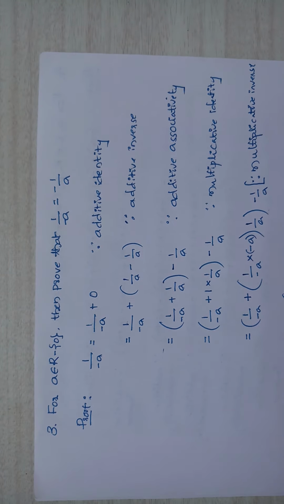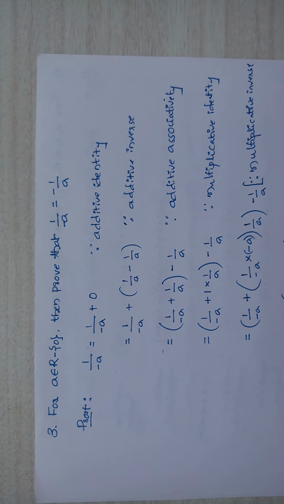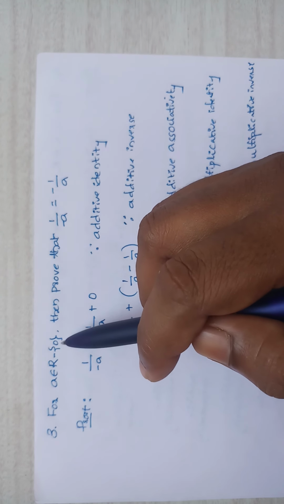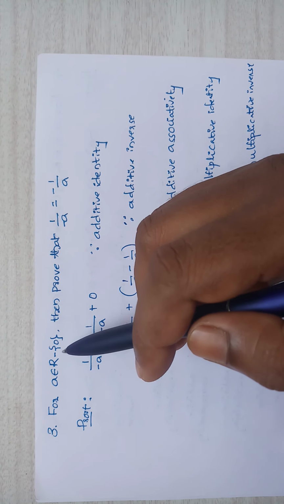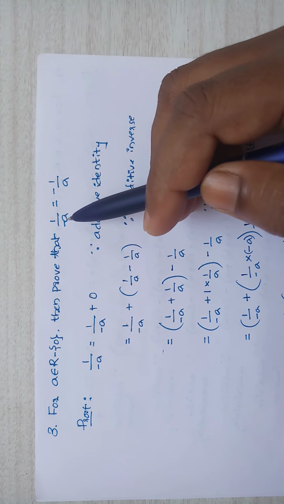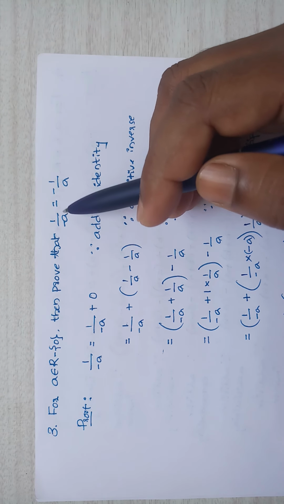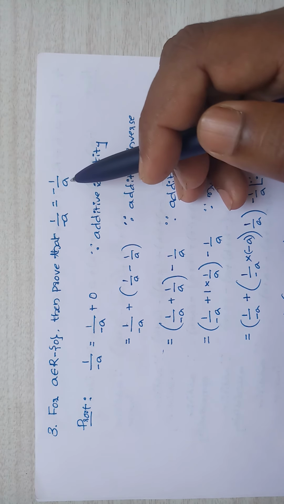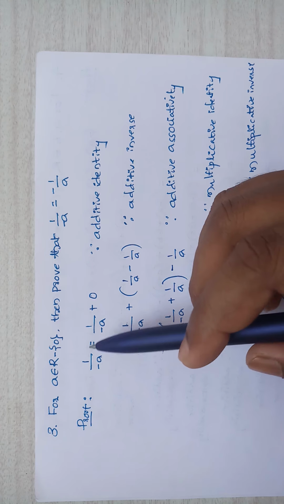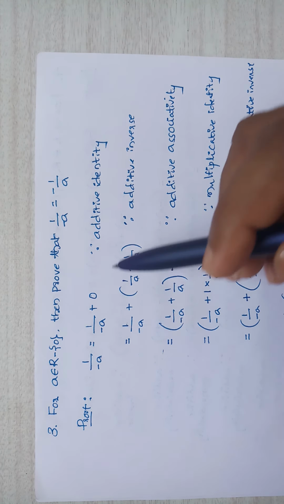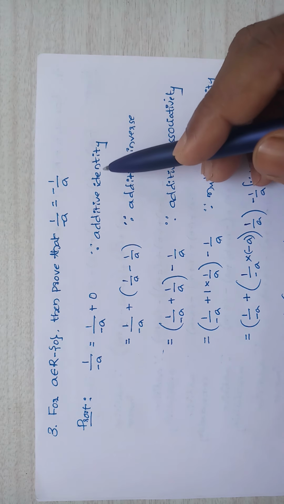That is, for all A belongs to R minus 0, so the value of A is all real numbers except 0, prove that 1 divided by minus A is equal to minus of 1 divided by A. Therefore here I take 1 divided by minus A is equal to 1 divided by minus A plus 0, because the additive identity is 0.